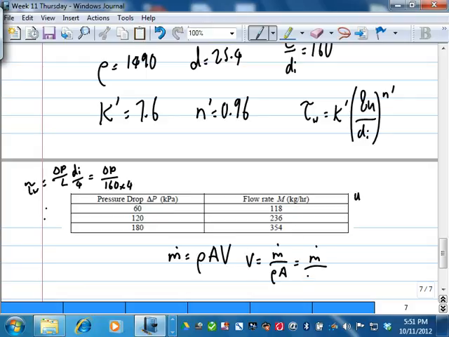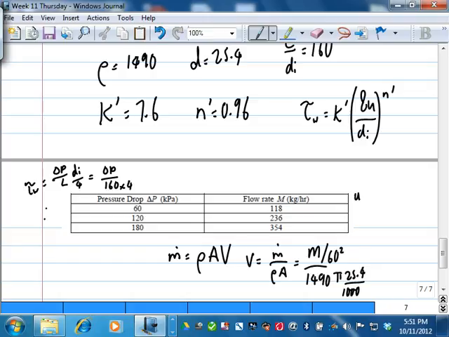Rho is 1490. Area is pi over 4 times 25.4 over 1000 squared. Okay, m dot here is in kilograms per hour, so we need to get kilograms per second, so we divide m dot by 3600. So you find the U for each value.